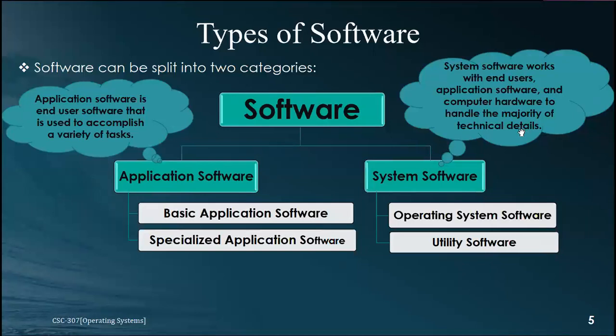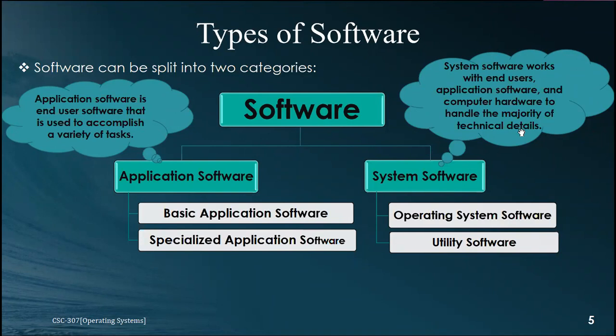That means application software actually works with the user, and the resources the application software needs are maintained and allocated by the operating system. And system software is the kind of software that maintains those.